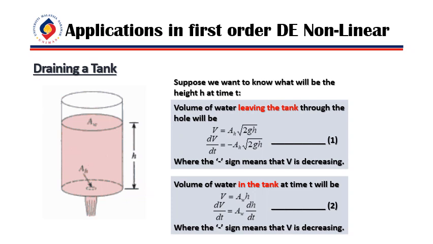This is the volume of water inside the tank, and here is the volume of water leaving the tank. Can you see the difference? The volume is still similar. And how about the sign? Does A sub w have a negative sign as well?